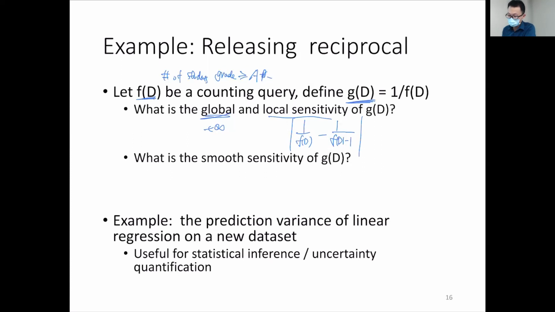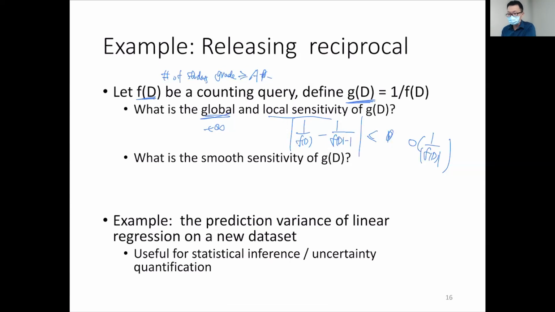Excellent. Whenever we know that f of d is larger than 1, we can bound this by something quite small. And when f of d is large, we can even bound this by something on the order of 1 over f of d. So suppose we're only adding noise calibrated to the local sensitivity, then we don't have to add a whole lot of noise, right? This f of d is a summation, so it can be proportional to the size of the data set.